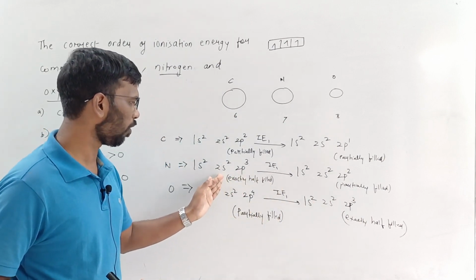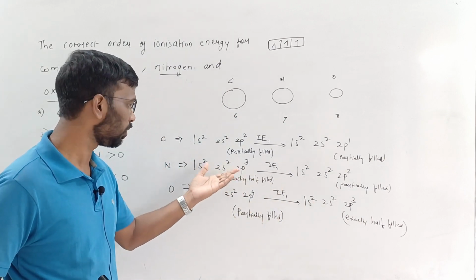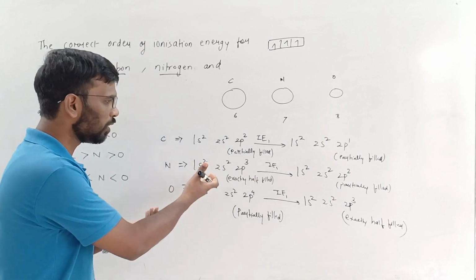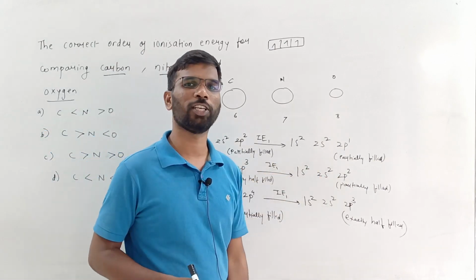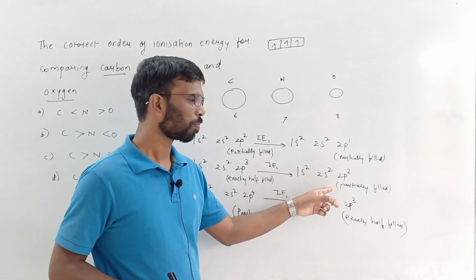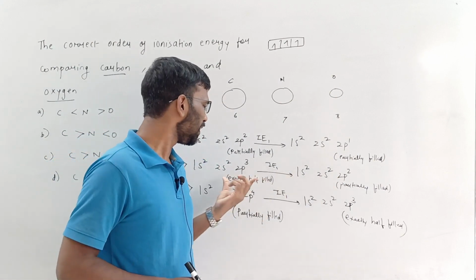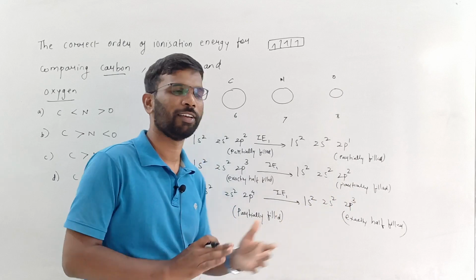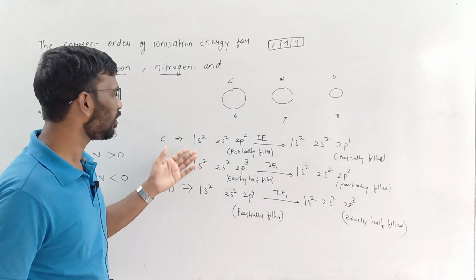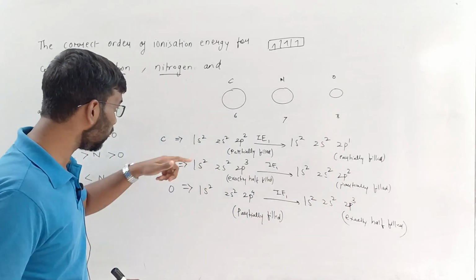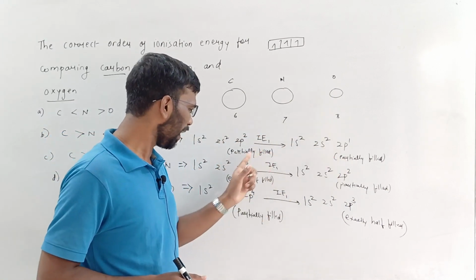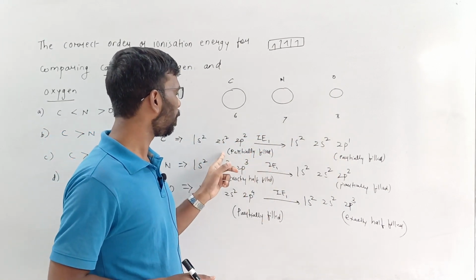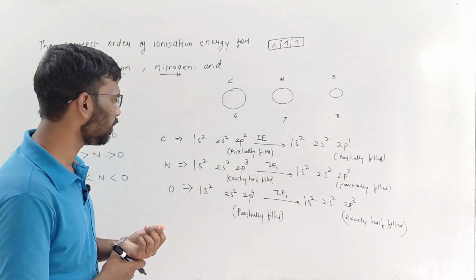This process is the toughest, because it is exactly half filled, more stable, changing to partially filled, right? So the toughest means you are changing stable to unstable, isn't it? And I'll not say this is the easiest; partially filled is not as easy as this, but this is with respect to size.